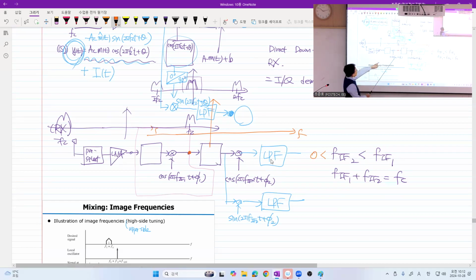So in the first stage mixer output, what do you have? You right shift and left shift this one by FIF1, which is less than Fc. So it does not cross over, right? So let's say that this is around here. Got it?